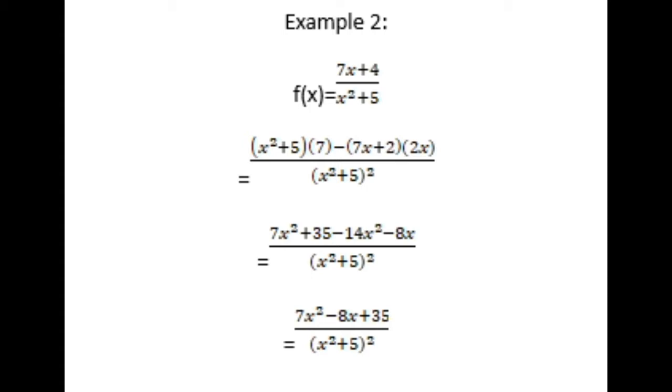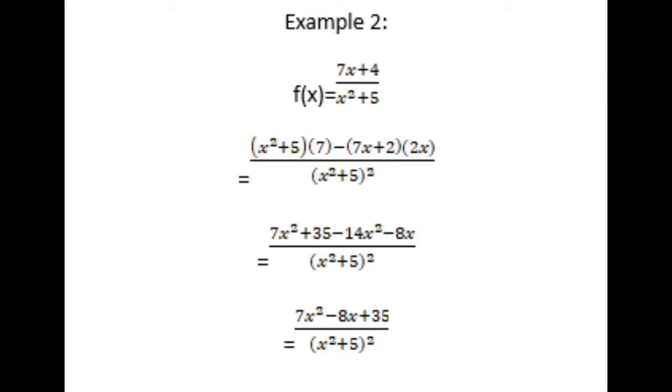Next, distribute. X squared times 7 is equal to 7x squared, plus 5 times 7 is equal to 35, minus 7x times 2x is equal to 14x squared, minus 4 times 2x is equal to 8x, over x squared plus 5 squared.